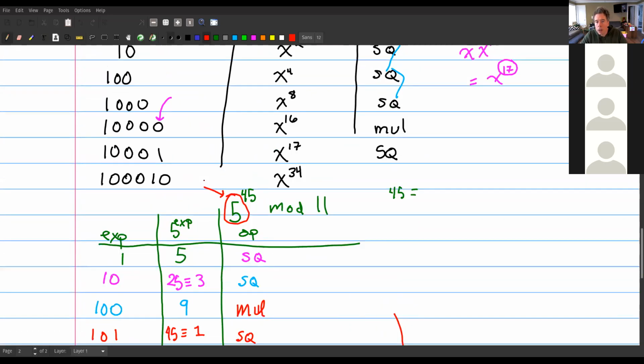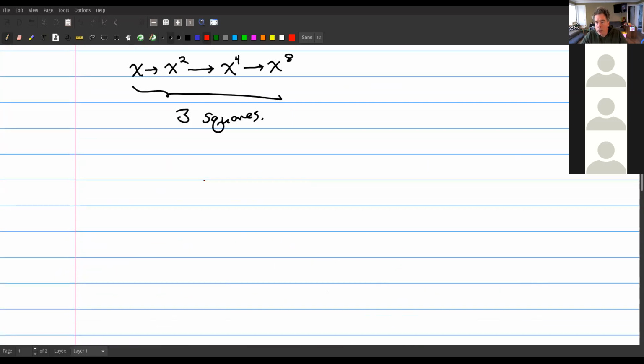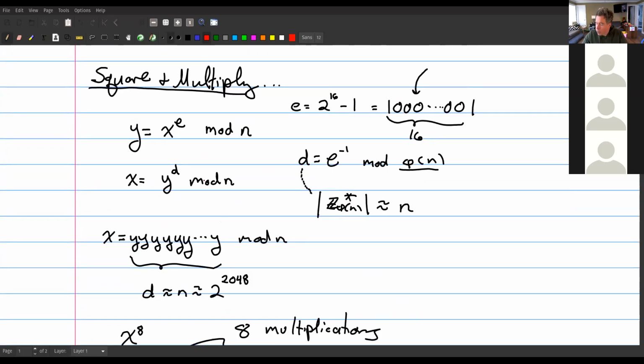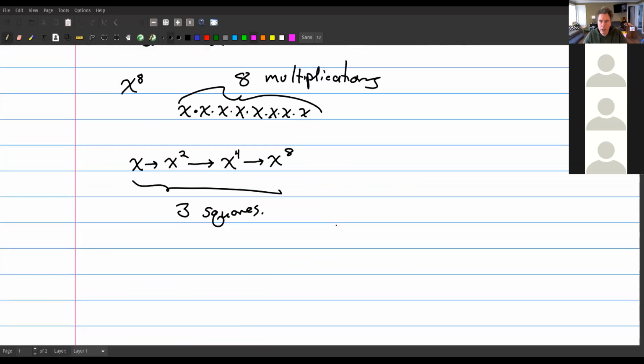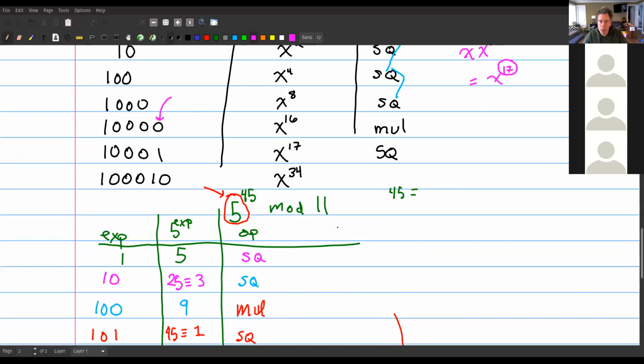That's a good question. When we do this y to the d, the person doing that is the person whose private key is d, so they will know d. Knowing d is not a problem for them.